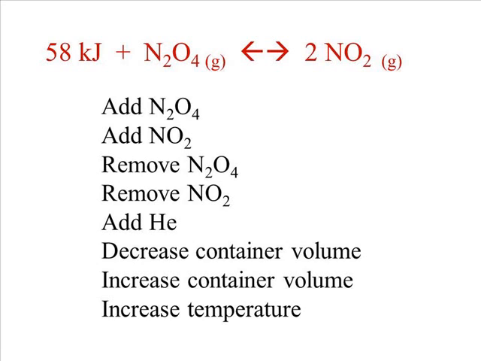If we add NO2, we're going to shift the reaction away from the products to create more reactants. Removing N2O4 will shift the reaction also to the left to try to create the product that you're removing. If you remove NO2, the equilibrium will shift to the right to create more NO2.